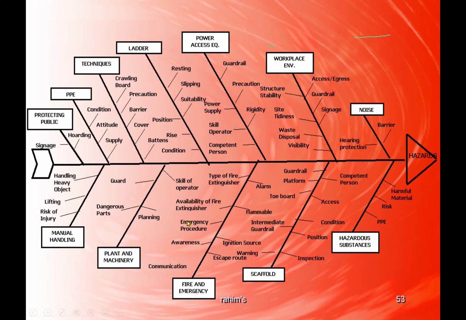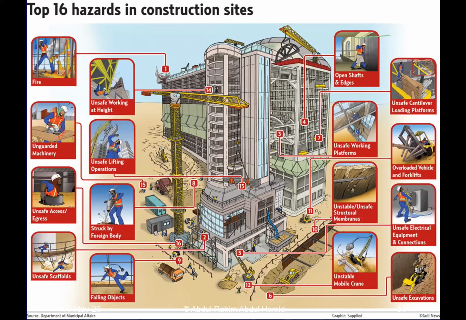From the HSE checklist, I developed a checklist so that I can bring it to the construction site to identify what kind of hazards are available there. That was my research a long time ago. So this is an example of a checklist.